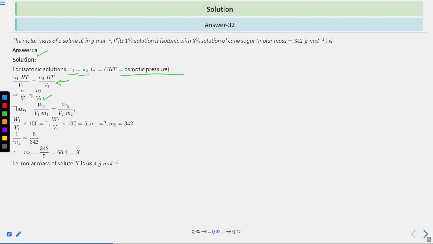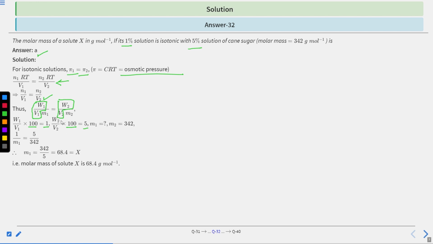Now for moles, we have given mass upon molar mass on the left side, and similarly given mass upon molar mass on the right side. Now W1 upon V1 into 100 equals 1, as it is given in percentage for the solution. And W2 upon V2 into 100 is given as 5 in percentage for the cane sugar.